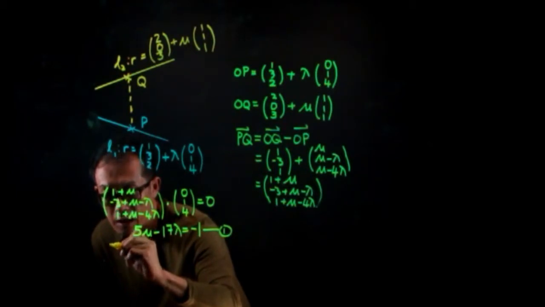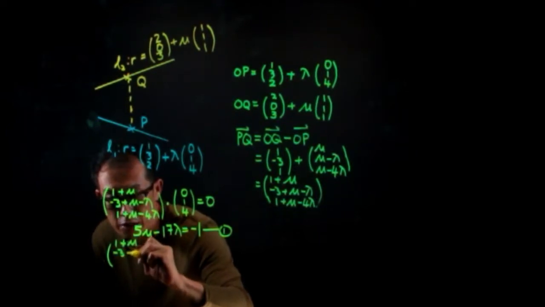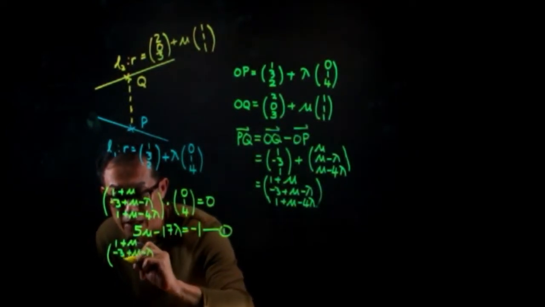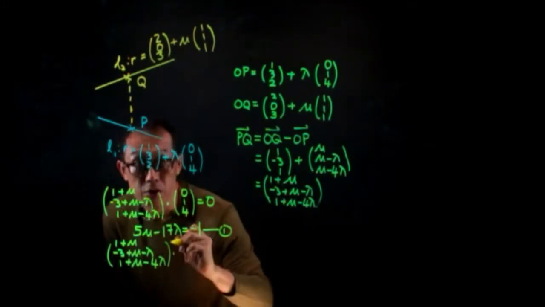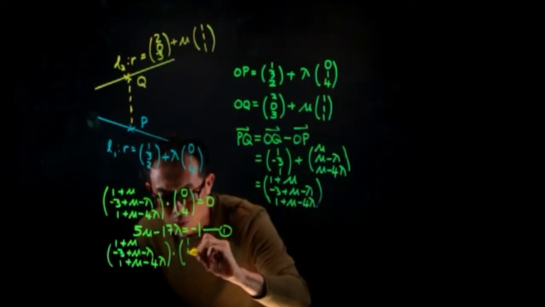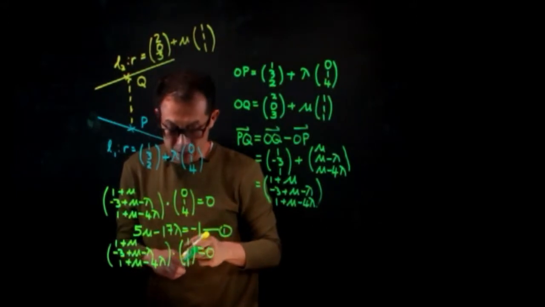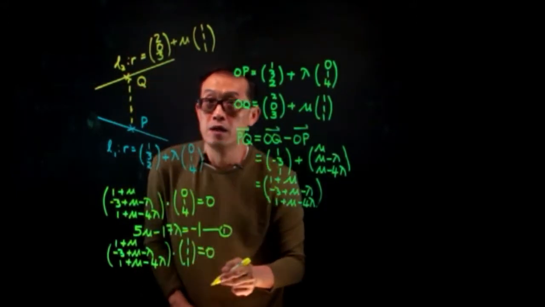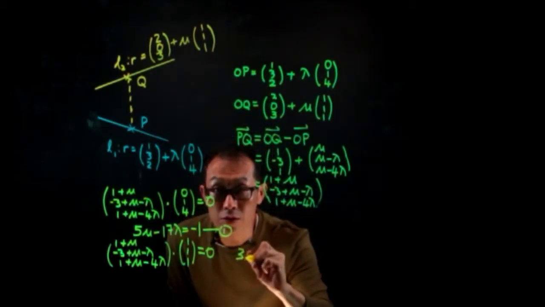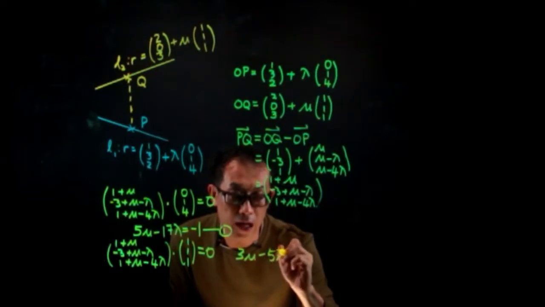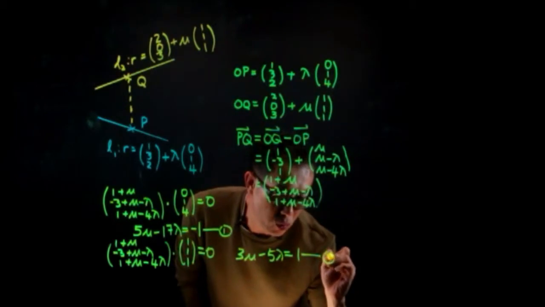I have (1 plus mu, minus 3 plus mu minus lambda, 1 plus mu minus 4 lambda) dot (1, 1, 1) must be equal to 0. And what will I get from there? For this I will get 3 mu minus 5 lambda equals 1. So this is equation 2.